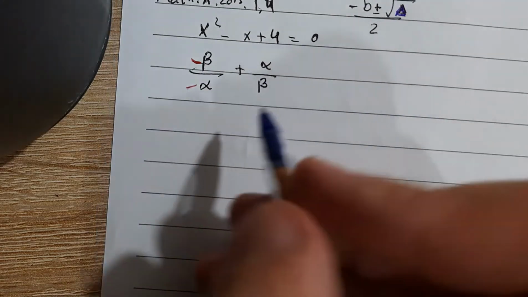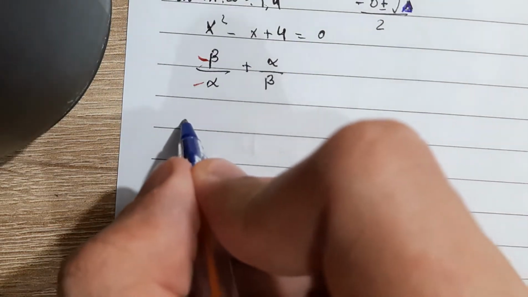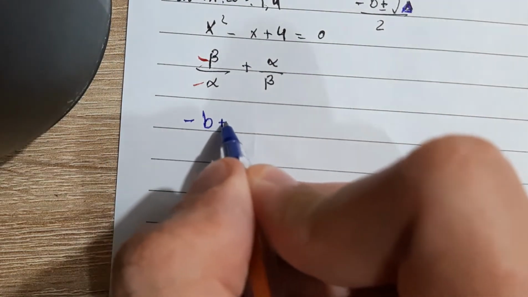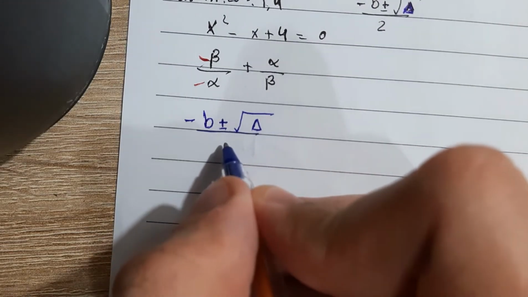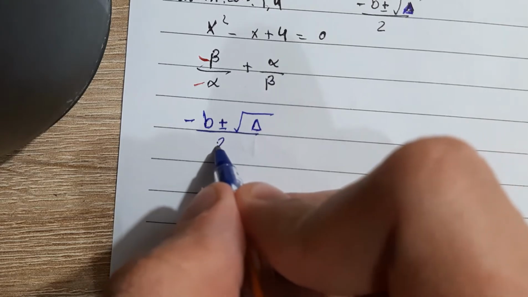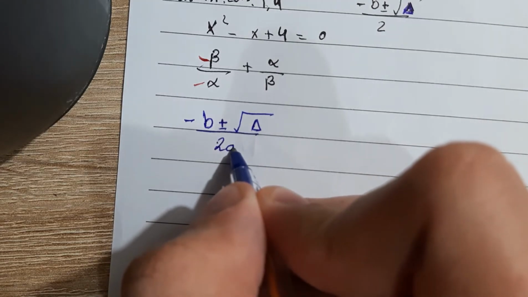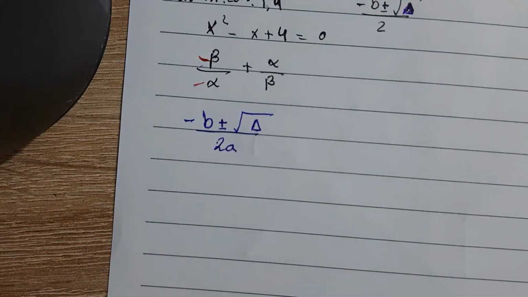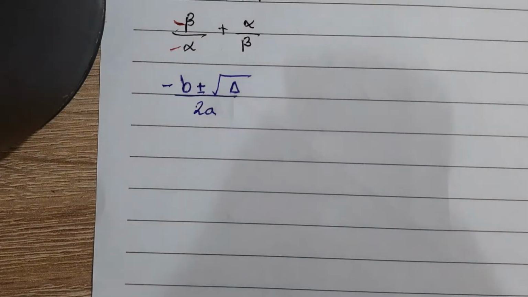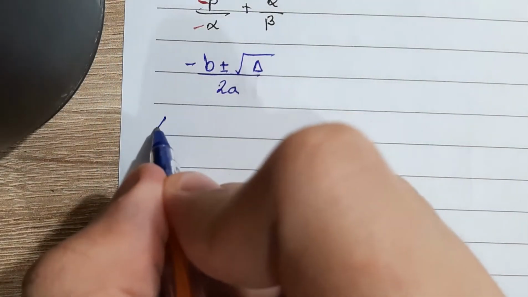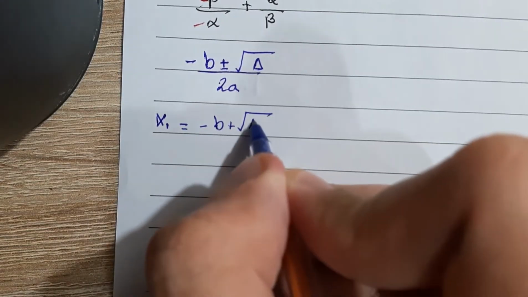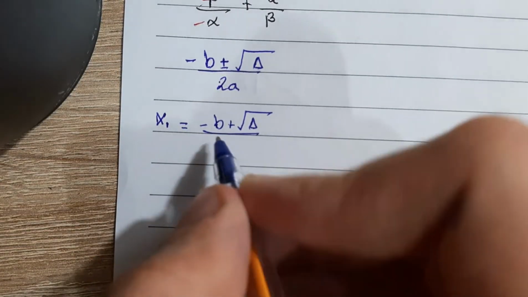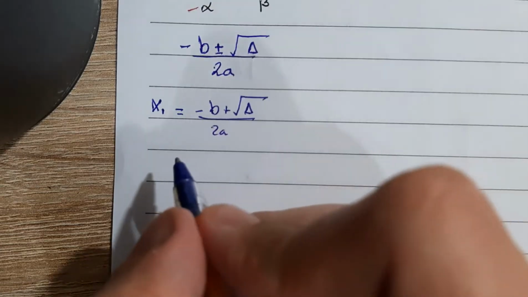Okay, so basically, what are the roots of a quadratic equation? Theta divided by 2a, right? So look, we have root number 1 is equal to minus b plus theta, why do I keep calling theta, mate?